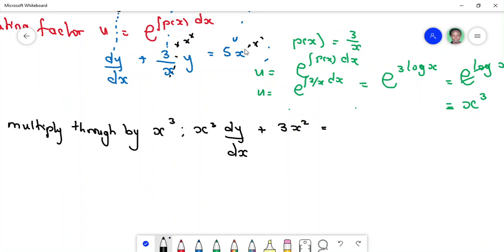So 1 plus 3 is 4, and I have 5x to the power 4.